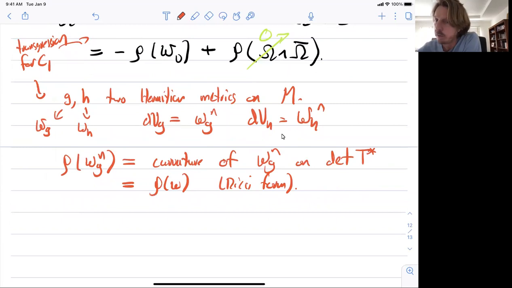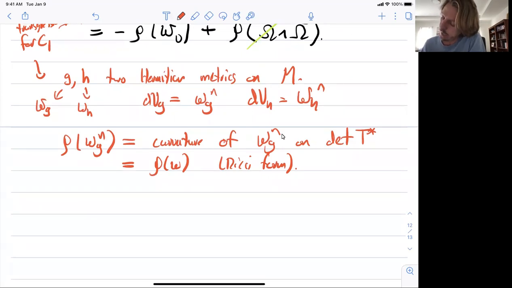Okay. So this follows from some simple curvature identities. And in any case, when you work it out, characteristic class theory tells you that for any two metrics you pick, this rho will represent the same class. That's the first Chern class.